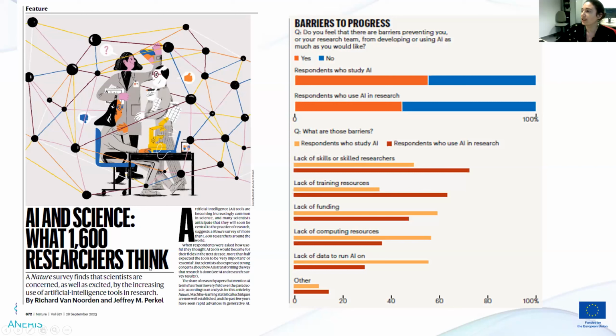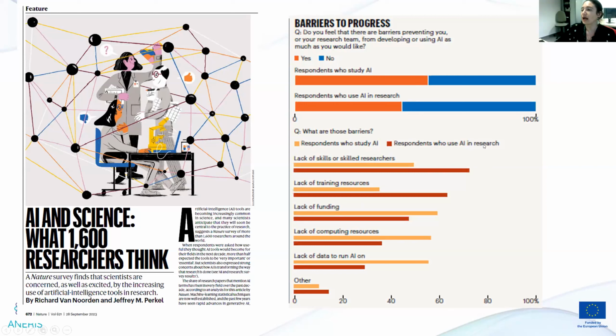It's kind of interesting, and it was also reporting which are the barriers to progress. And the barriers to progress depend on the two categories of people that answered the survey: the ones who study artificial intelligence and the ones who use artificial intelligence.